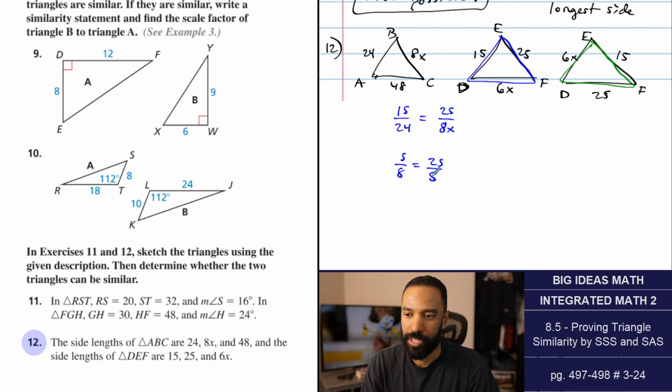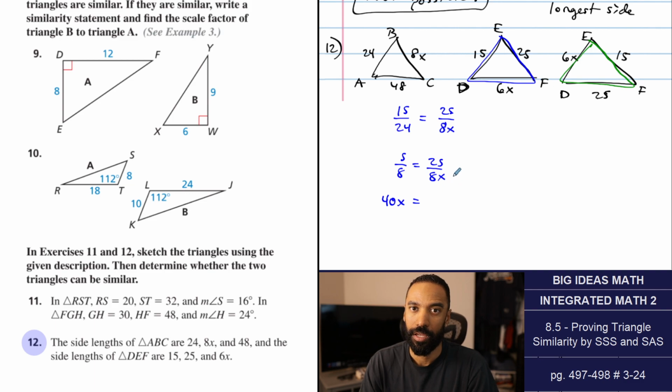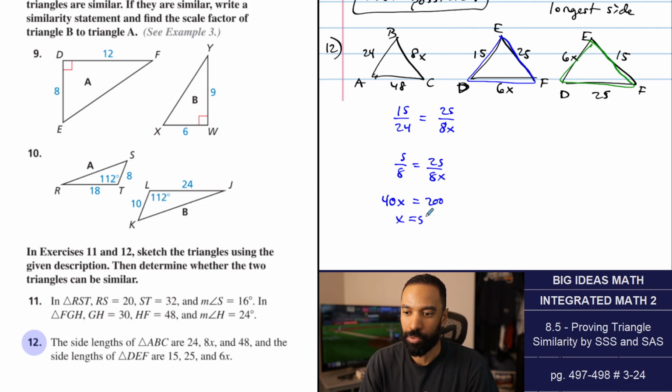And 25 to 8x here. Let's cross multiply and solve for x. You get 40x equals 200, since 8 times 25 is 200. Divide by that, you get x equals 5.